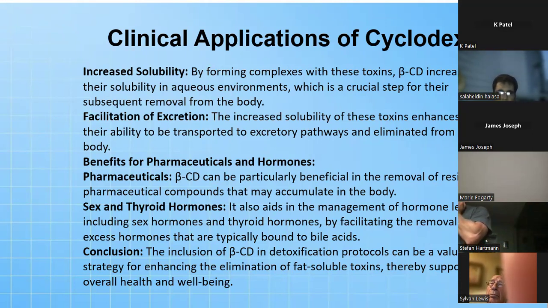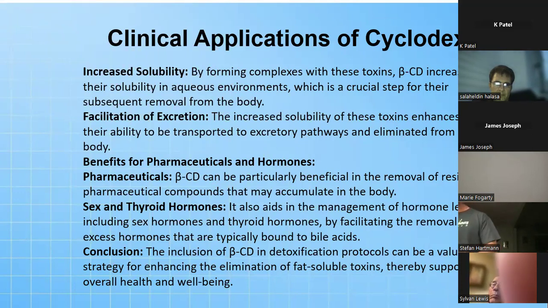But the question is, Dr. Halasa, it says that it facilitates the removal of excess hormones that are typically bound to bile acids. The excess hormones are having ill effects all over in different organs. So it should be not just removing from the bile acids, but removing from deposition, where they are sequestered.